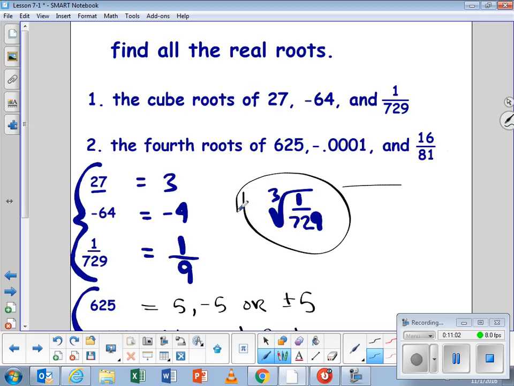This means the principal root of that. Now, because it's an odd root, the index is 3, they're only going to get one answer. But if it was a 4th root, 6th root, or square or 8th root, we would only be talking about the positive one when it's written that way.